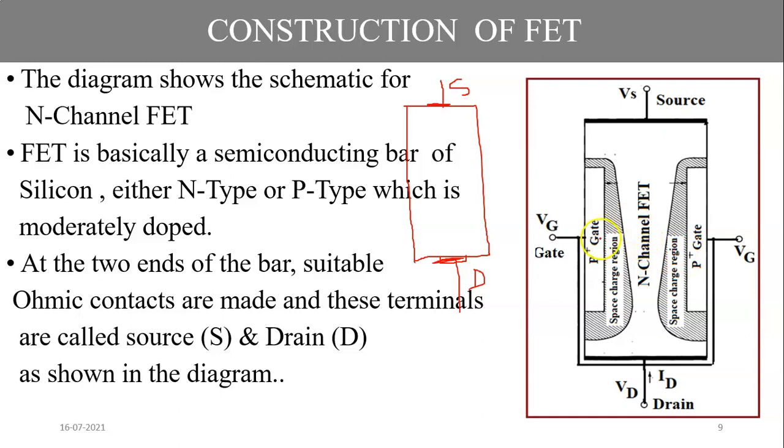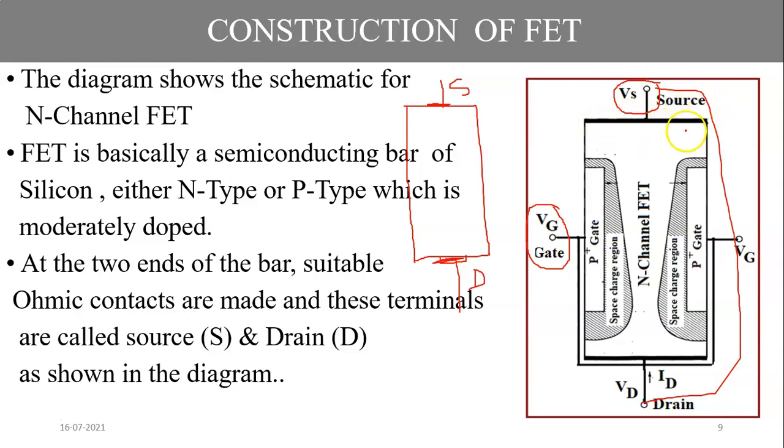It forms a PN junction, and internally these two are connected and a single terminal is formed. This terminal is called the gate, and the voltage applied at this terminal is called the gate voltage. The voltage applied between the other two terminals is called the drain source voltage.